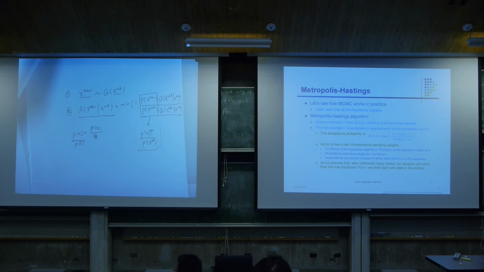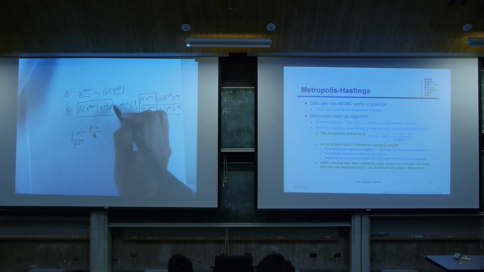Can you get more than one value for this ratio? Where we are doing this minimum? Minimum because we want to make sure that this guy here cannot be larger than 1. Yeah, so we want to take the minimum to ensure, because here it's a probability. But can the quantity be greater than 1? That's what I was wondering.